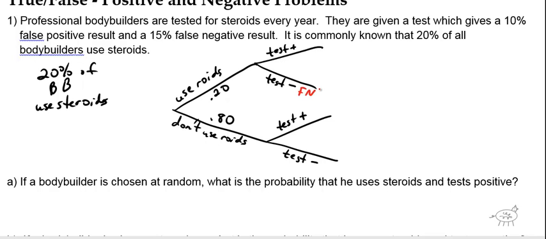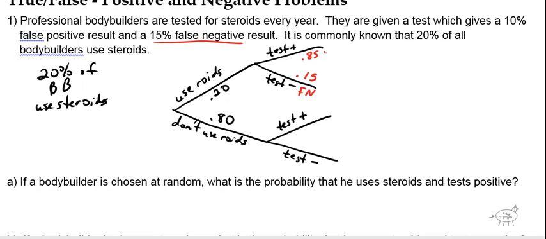It comes back negative, which means you don't use it. That's why they call it a false negative. So this gets 0.15 because it says a 15% false negative. Okay, and then this one gets 1 minus 0.15, which is 0.85 test positive, which makes sense. If you use steroids, the test is usually going to come back as positive. That's why it's 85% sure that it's going to come back correct, positive.